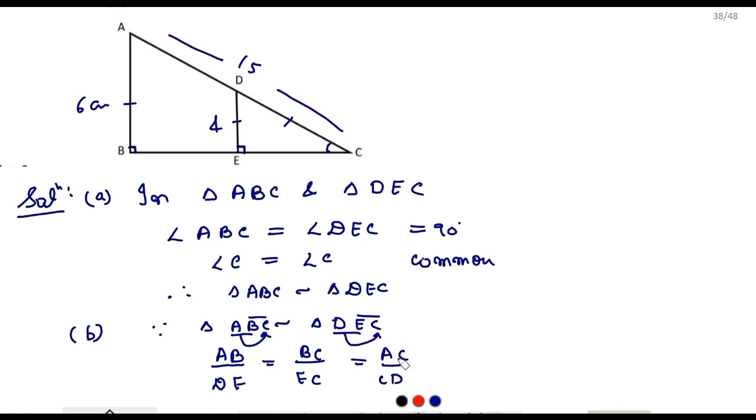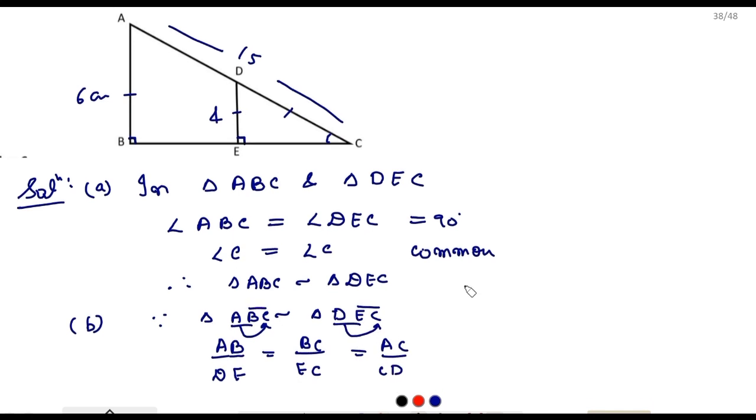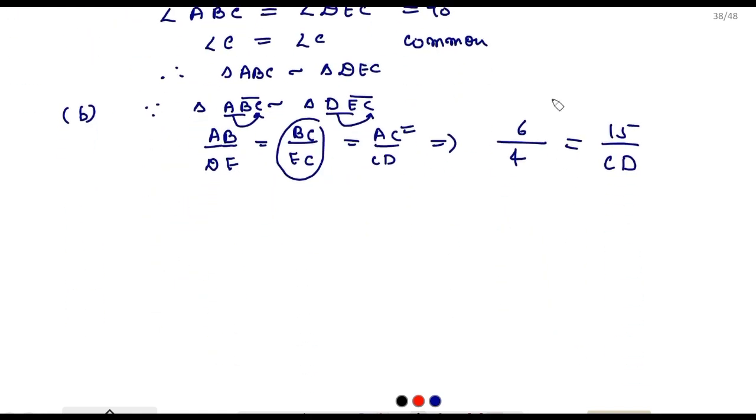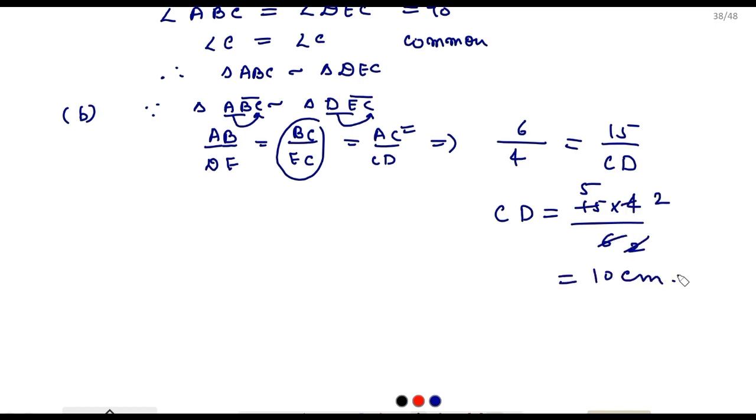CD, DC, similar sides. Now put the given values. AB is 6, DE is 4, BC इस टर्म को हम स्किप कर रहे हैं, ये कंसीडर कर रहे हैं. AC is 15 and CD we have to find. That is 10 centimeter.